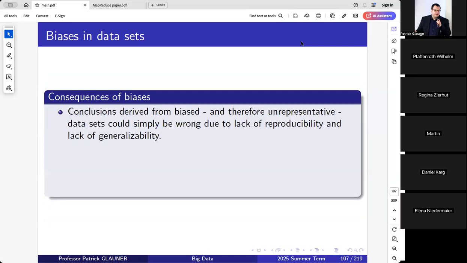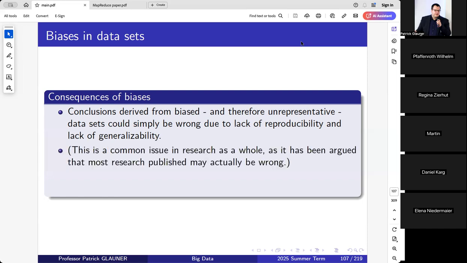And there are severe consequences from biases, because if we draw conclusions from biased data sets, the conclusions we make are biased too. And maybe our conclusions don't generalize, maybe we cannot reproduce the experiments. Problem. But this is not just an issue in AI.